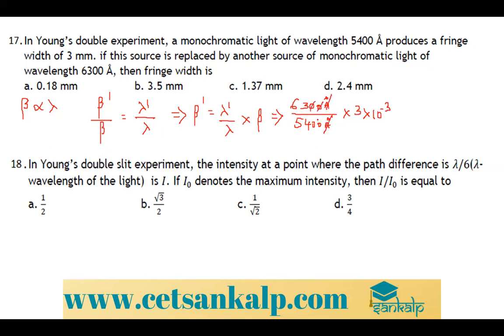Armstrong, 0 0 0 get cancelled, so it is 6 7s are 42, 7 3s are 21, so 21 by 6 you have to do it, right? 18, so you'll be getting it as 3.3, right?